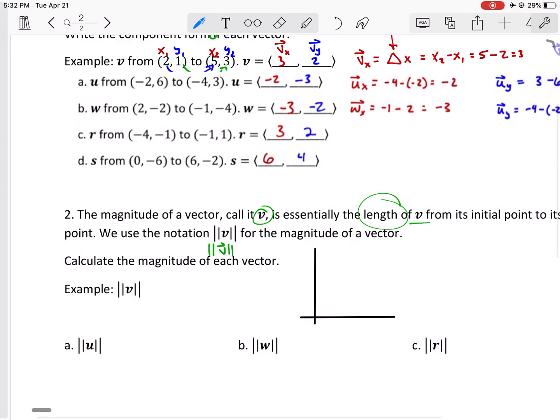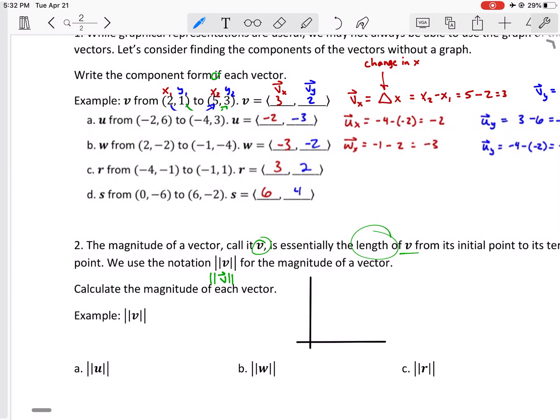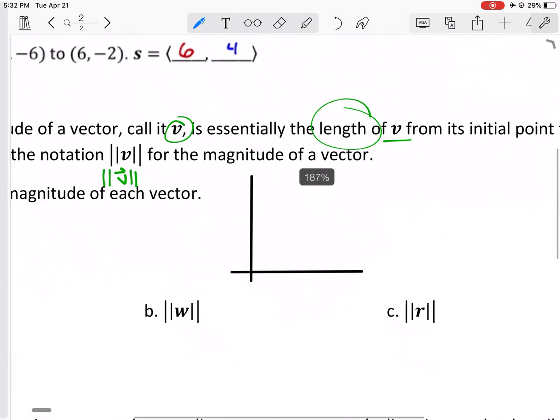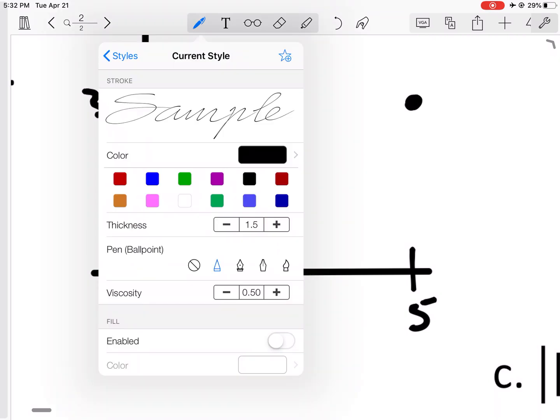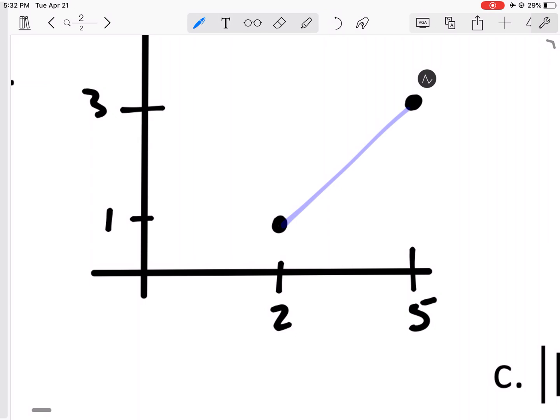So v is from the point 2, 1 to 5, 3. There's our initial point, and our terminal point is at, nothing's drawn to scale here, it doesn't matter, 5, 3. So this right here is our vector v.